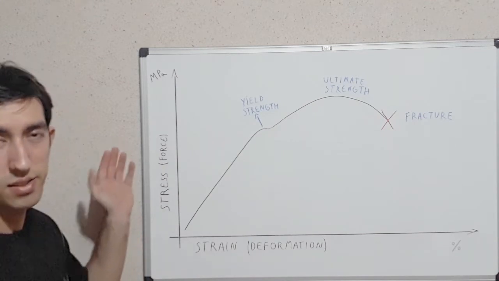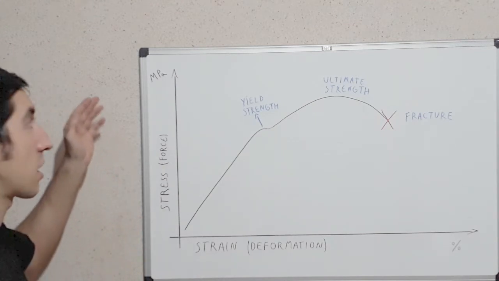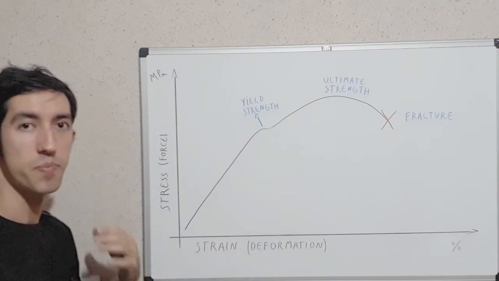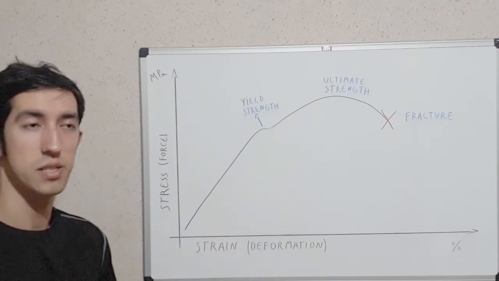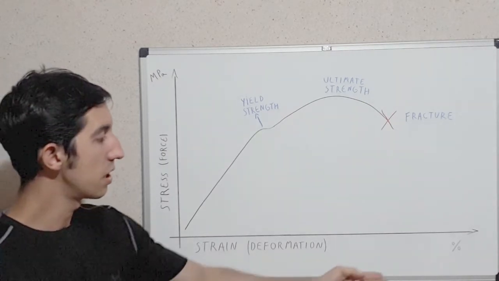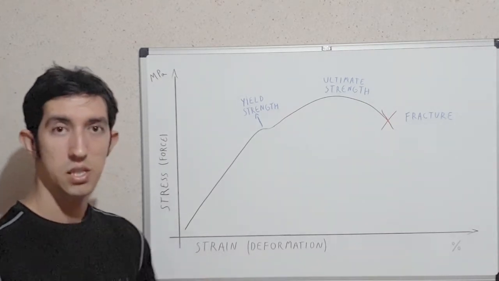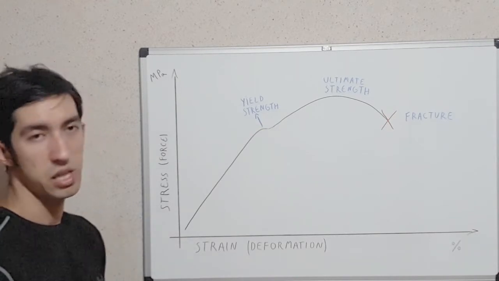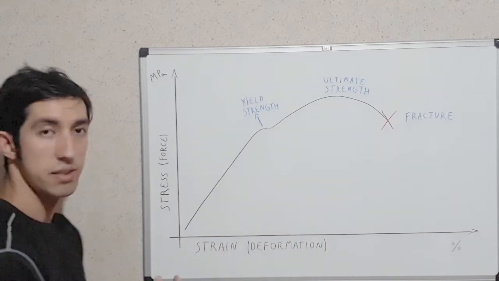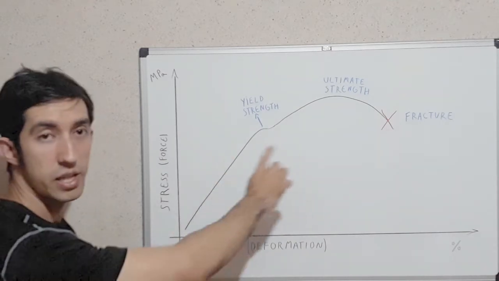The stress is usually measured in megapascal, but can also be measured in Newton per millimeter squared. The strain axis is usually measured in percentage, but can be measured in millimeters or inches, depending on the type of the test. In this chart, we can see this generic curve.